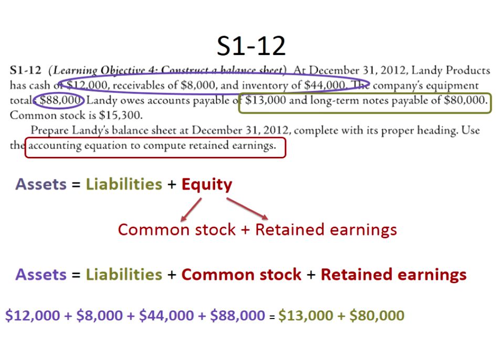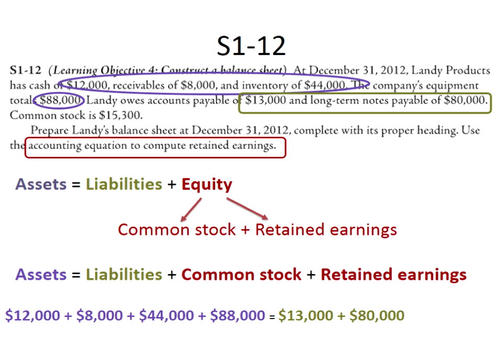I filled in some numbers here, so I've done a two-step process. Assets: in the problem, I've circled them in purple. As we start reading, the company has cash of $12,000, so that's an asset. Receivables of $8,000, accounts receivable is an asset.